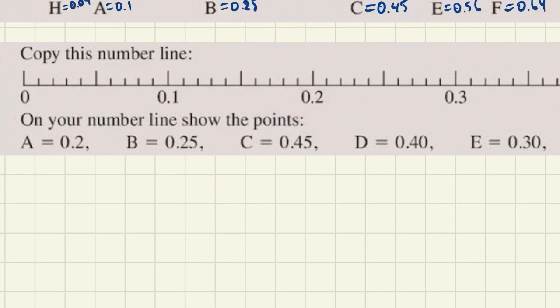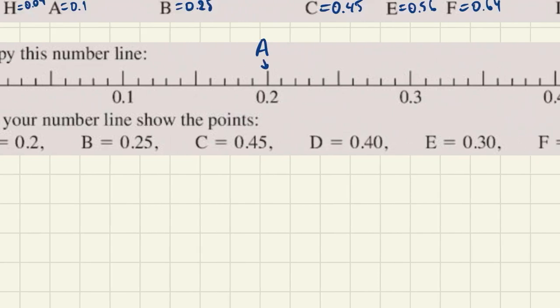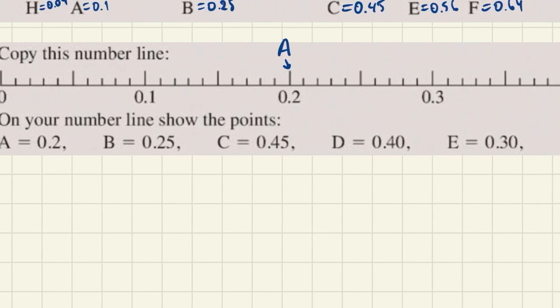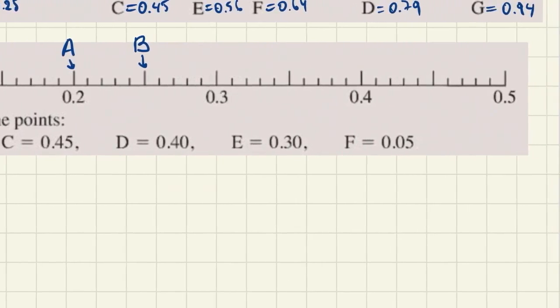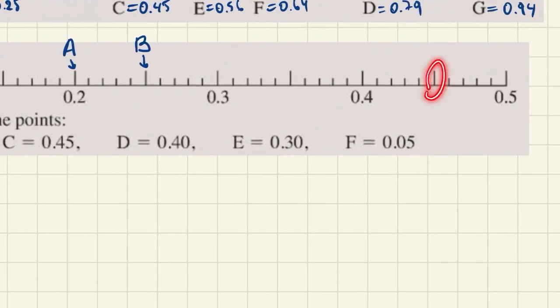This is our A, 0.2. B is 0.25. So again, as I told you, if there is 5, it's right in the middle between 2 and 3. And you can see it like this: 0.21, 0.22, 23, 24, 25. So B is 0.25. C is 0.45, right in the middle between 4 and 5. So we go, this is C.